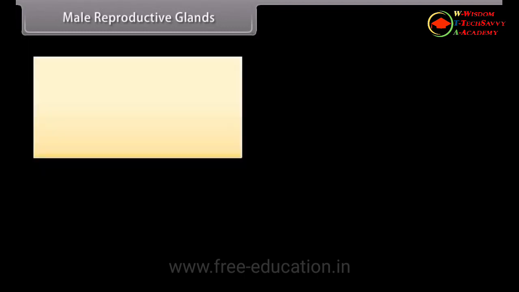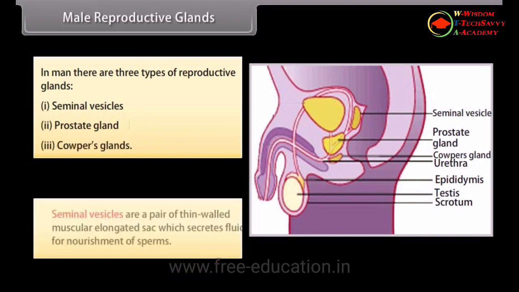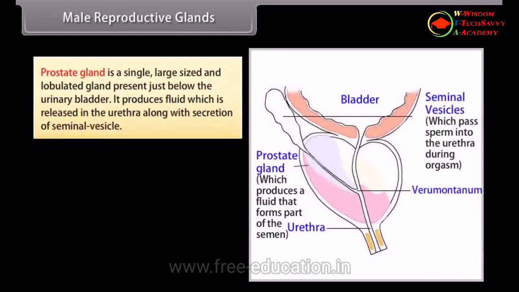Male reproductive glands. In man there are three types of reproductive glands: seminal vesicles, prostate gland, and Cowper's glands. Seminal vesicles are a pair of thin-walled muscular elongated sacs which secrete fluid for nourishment of sperms. Prostate gland is a single, large-sized and lobulated gland present just below the urinary bladder.